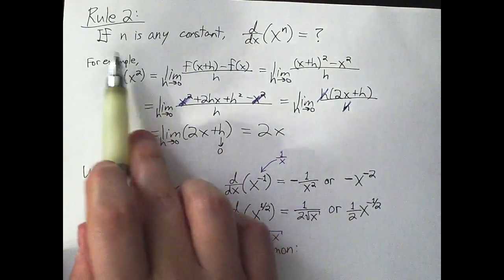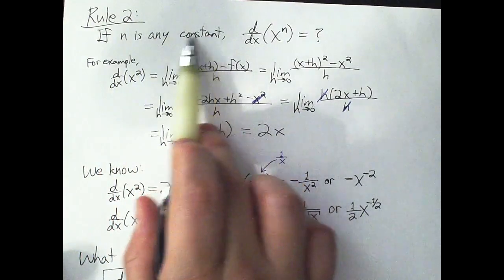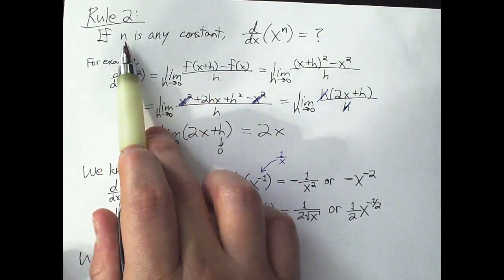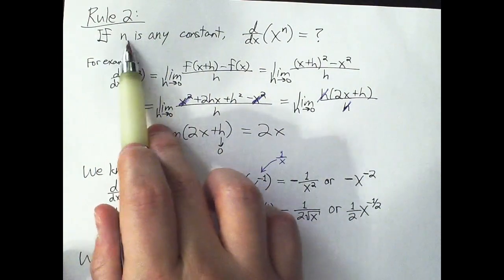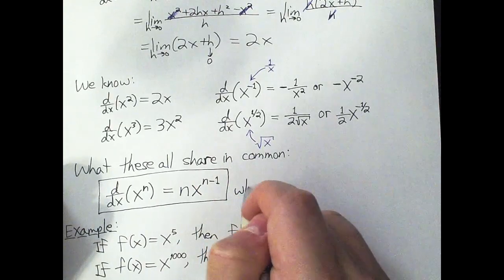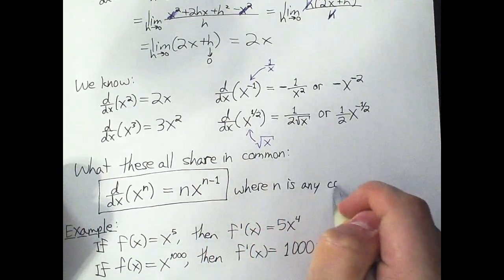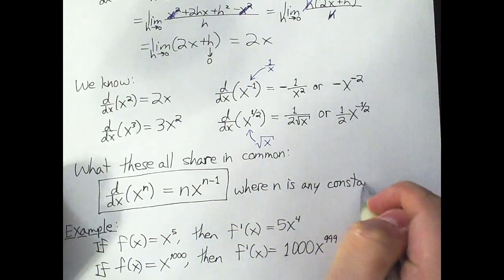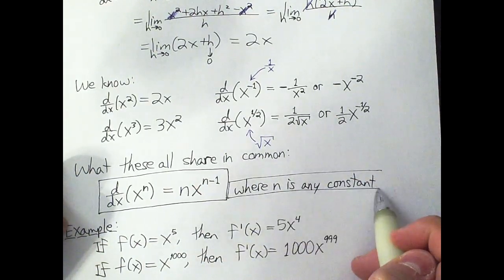At the beginning of this page, I said if n is any constant. So that includes the possibility that n might be 1. Since I wrote this at the top of the page, let's also write it here, where n is any constant, just to have it attached to this formula.